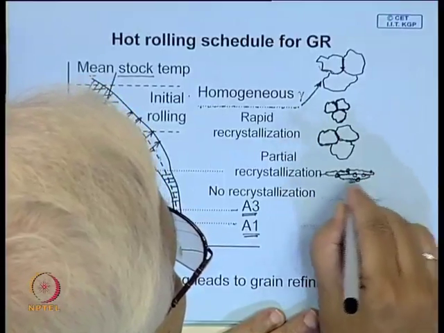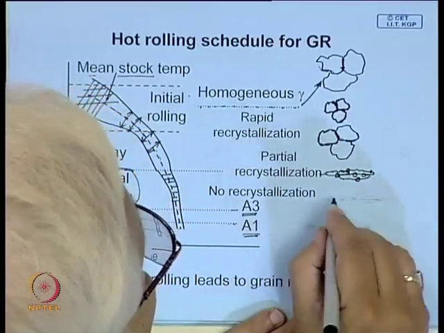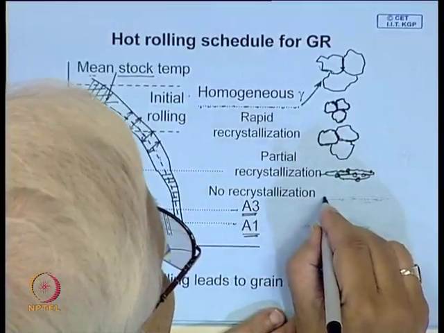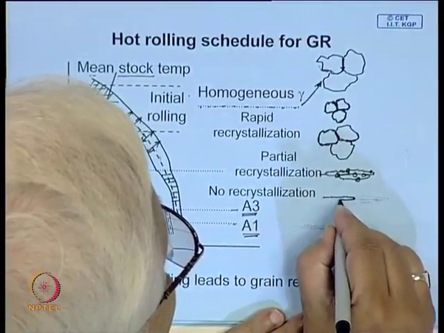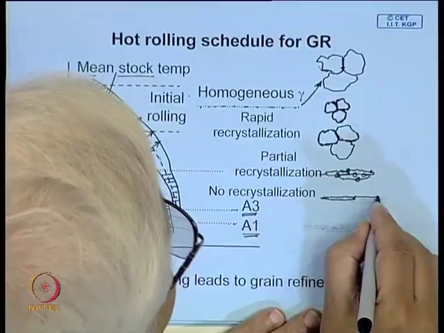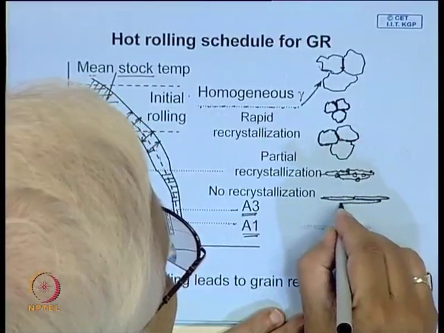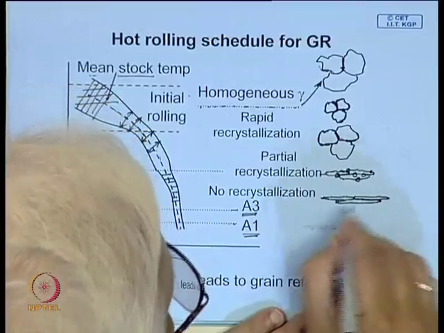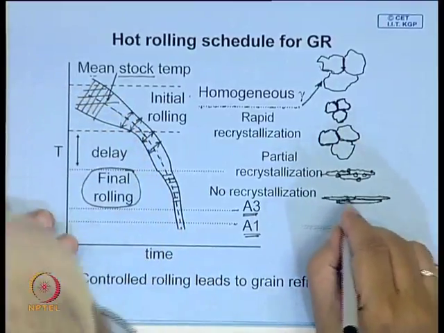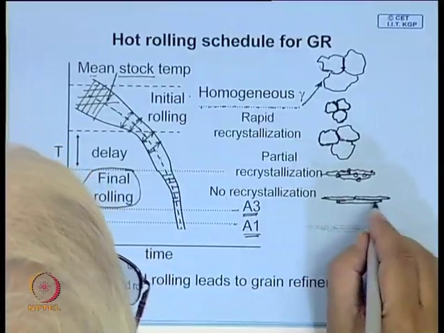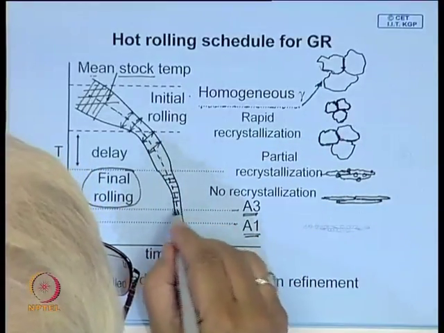Bulk of it still remains elongated, and if you continue even further, if you give even higher reduction, it is also possible not to allow any nucleation of strain free grains to take place, that means no recrystallization is also possible.